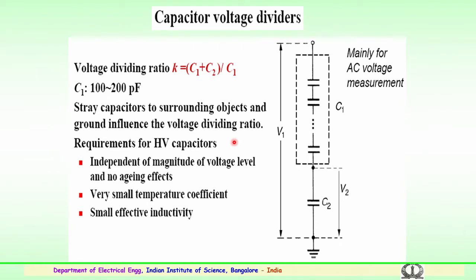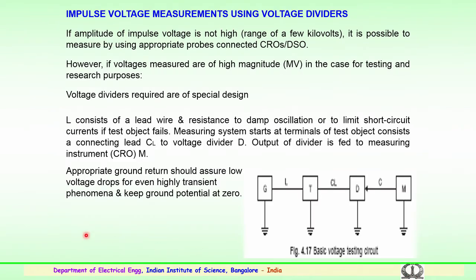So, no aging effect should be seen, because the value will change if the capacitance value changes over a period. This is very important. A very small temperature coefficient and small effective inductivity are also required. Lead inductance is also reduced here because of the use of capacitance.